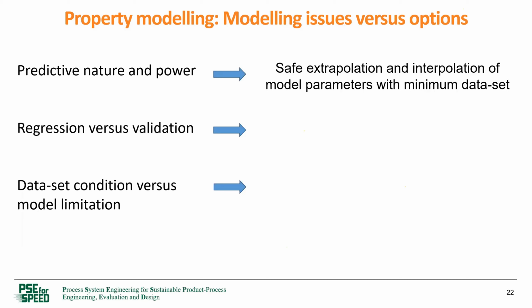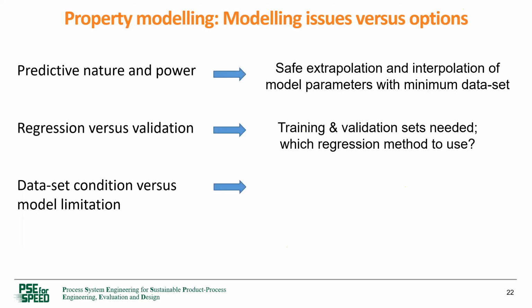The next is regression, training, and which method to use. Usually when regression is done these days, people take, let's say, 75% of the data for training and keep 25% for validation.